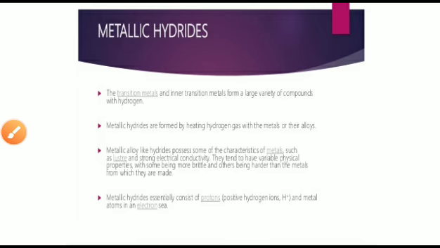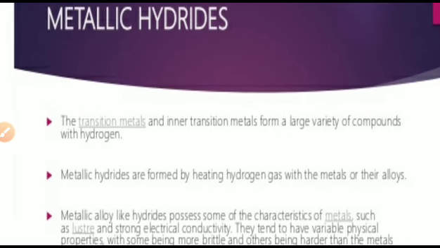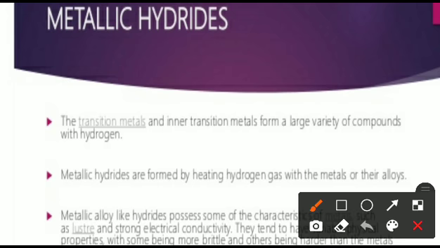Okay, the third type, the metallic hydride. Transition metals and inner transition metals form a large variety of compounds with hydrogen, called transition metal or metallic hydrides. The metallic hydrides are formed by heating hydrogen gas with a metal or its alloy.